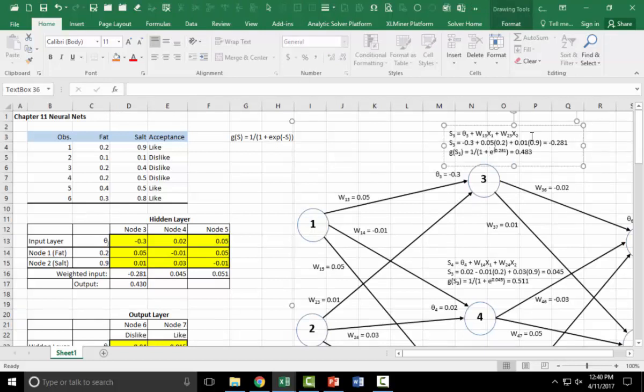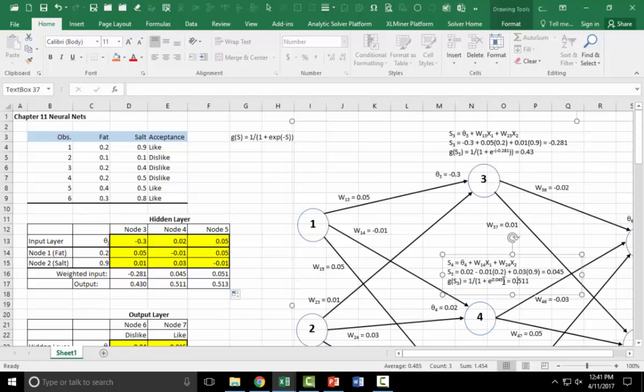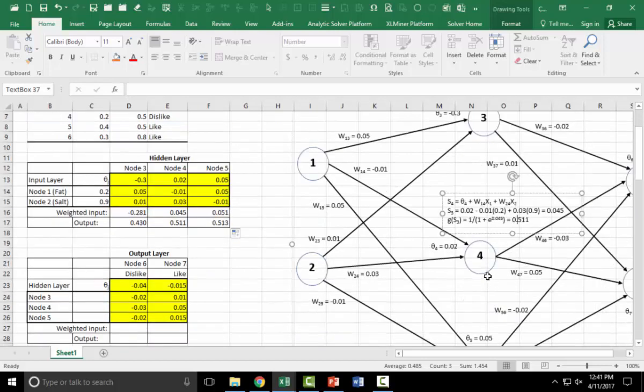These should be minus of minus, and that would be 0.43, not 483. I have some typos here. I should fix it. All right. So then you copy that over and you get, okay, so this one is correct. Oh, no, not really.